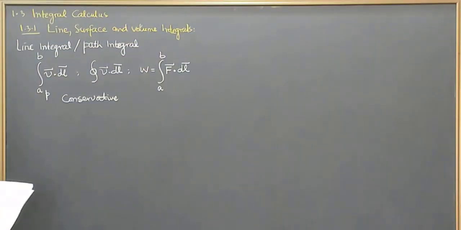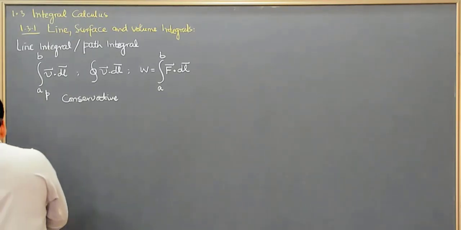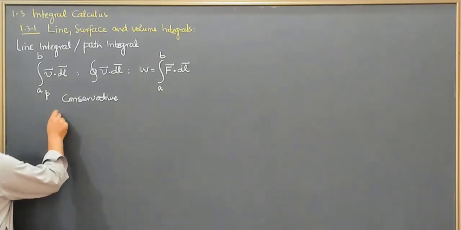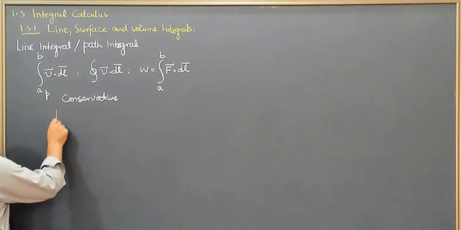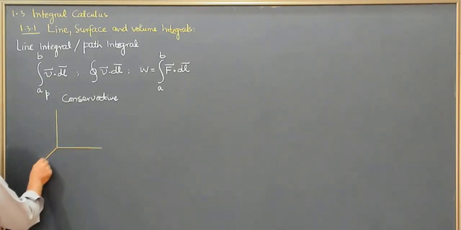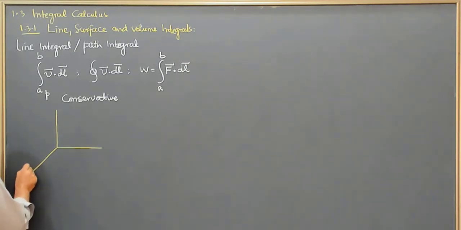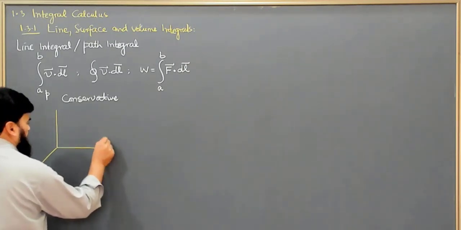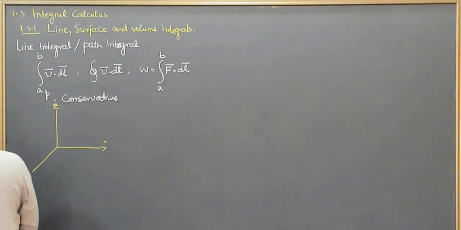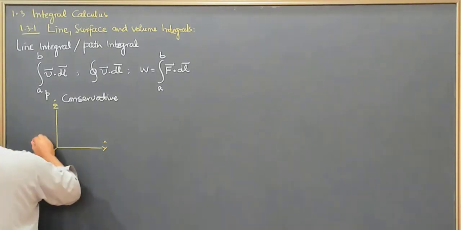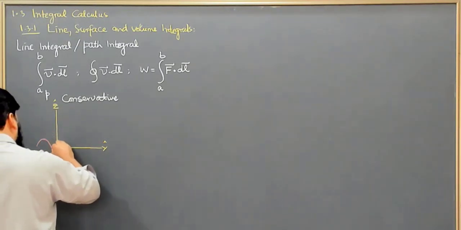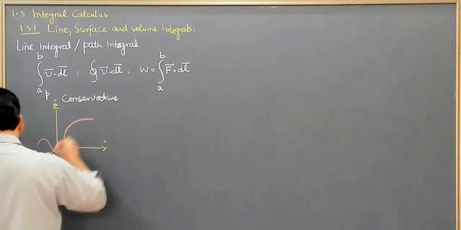So I can graphically plot this one. Let's say we have our axes like this: this is our x axis, the y axis and the z axis, and let's say our function is like this, starting here and then moving like this.